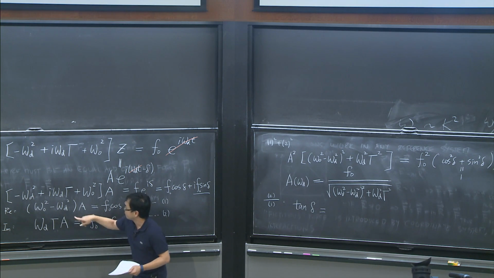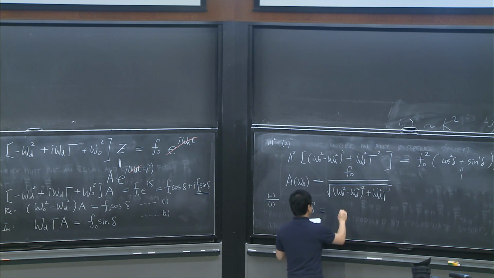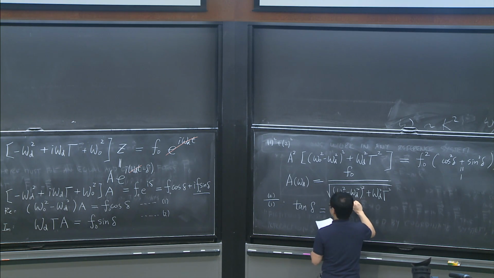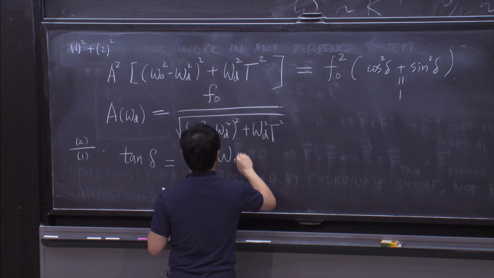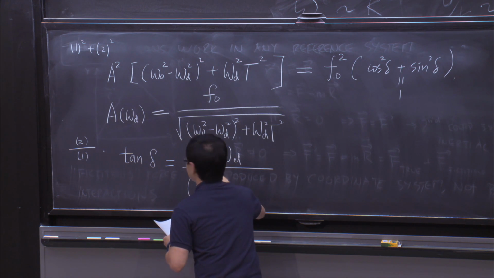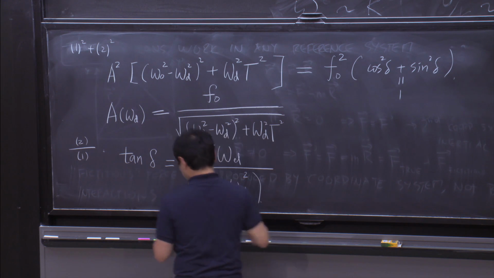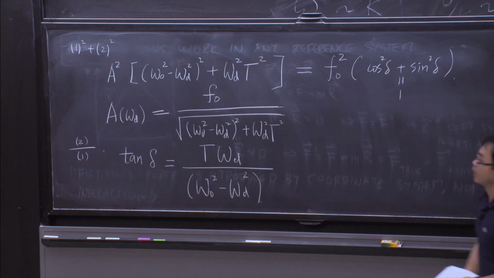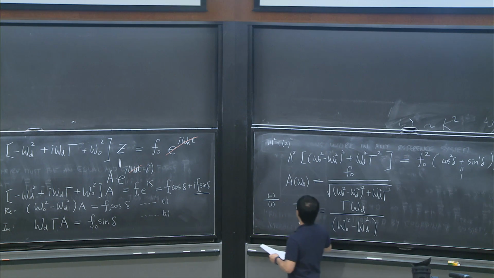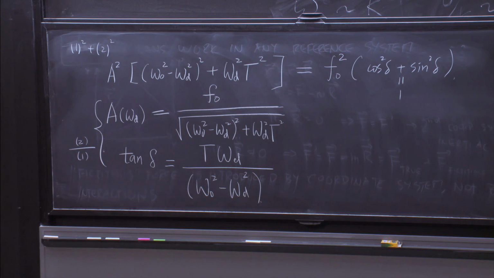After you take the ratio, A drops out. Basically, what you get is gamma omega d divided by omega 0 squared minus omega d squared. So we have solved A and delta through this exercise.